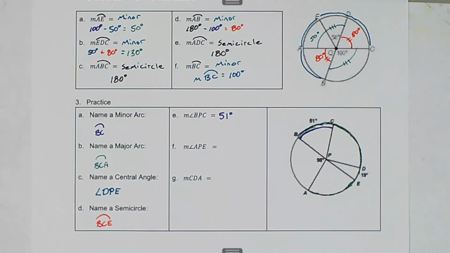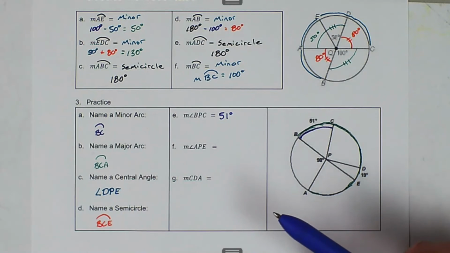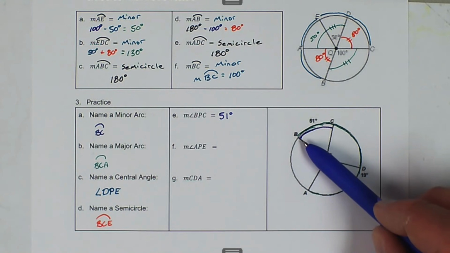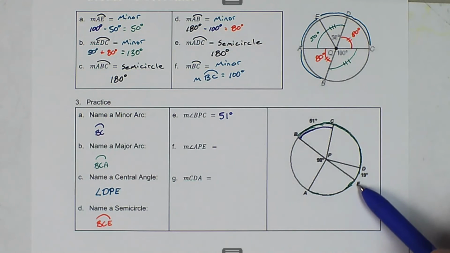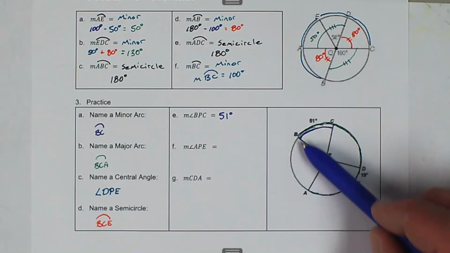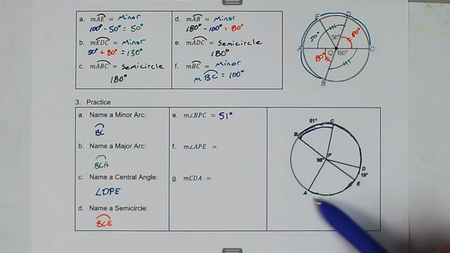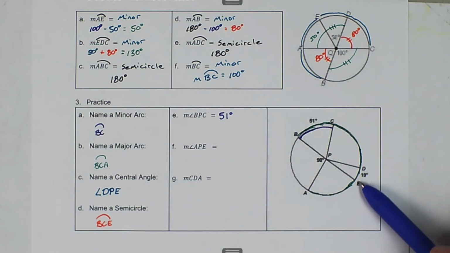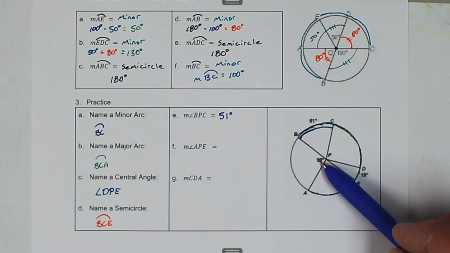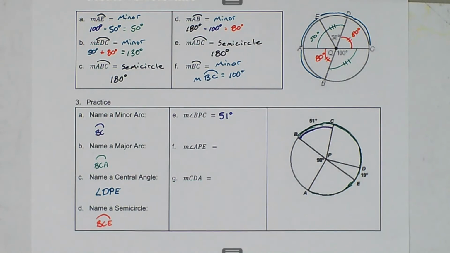The way that we'll have to calculate this one is, because this BE is a diameter, we know that BAE is a semicircle. So that means that that's 180 degrees. And we already were given that's 98 degrees. So we can say 180 minus 98 degrees.